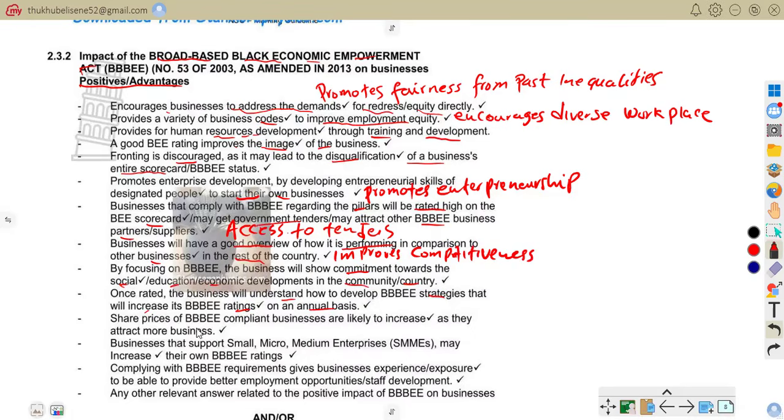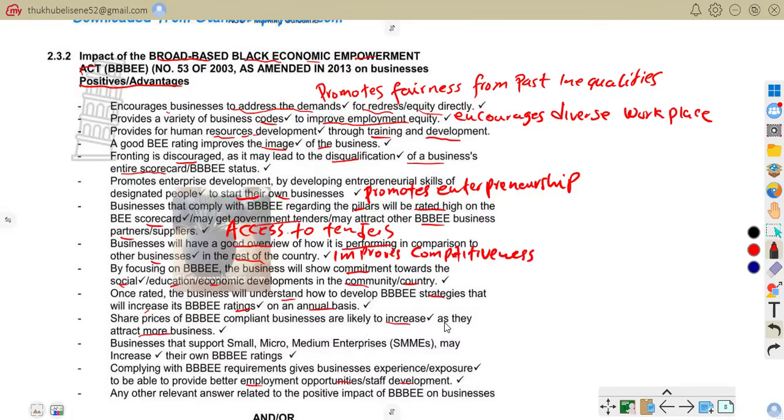Share prices of BBBEE compliant businesses are likely to increase as they attract more business. Businesses that support small, micro and medium enterprises (SMEs) may increase their BBBEE ratings. Complying with BBBEE requirements gives business experience and exposure to be able to provide employment opportunities and staff development.